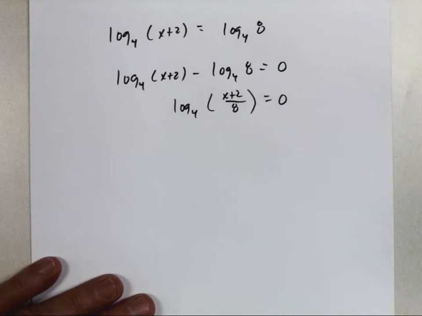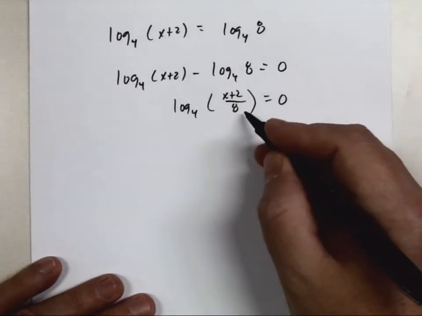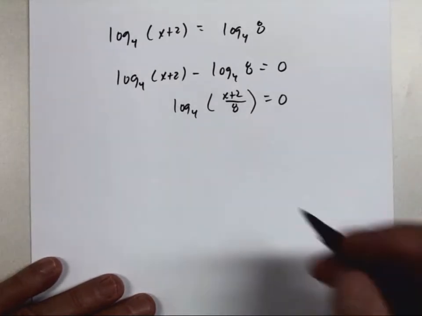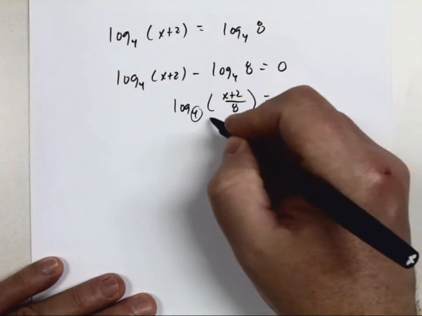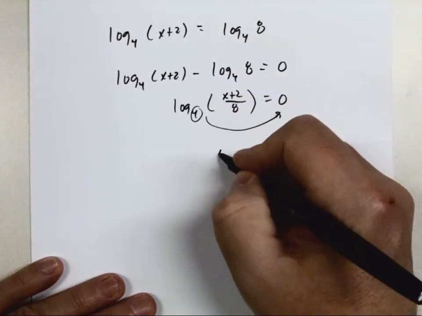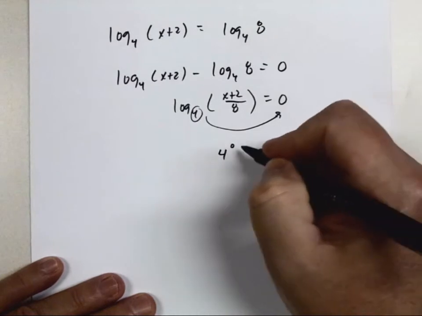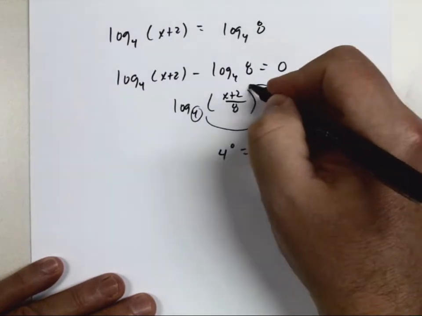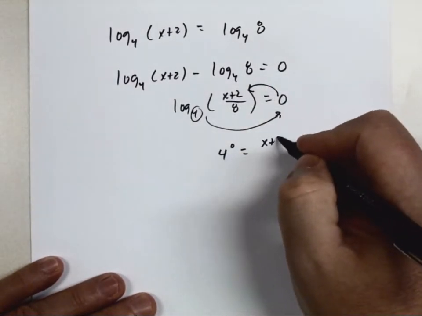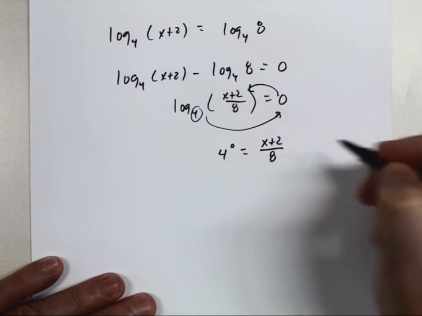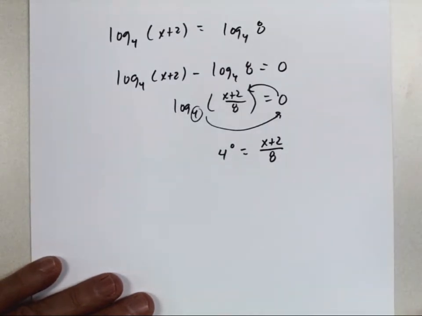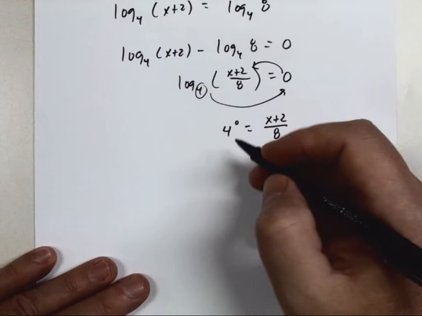Now the next step, convert this into an exponential equation. Use the circle method, right? 4 to the 0 equals x plus 2 over 8. What is 4 to the 0?